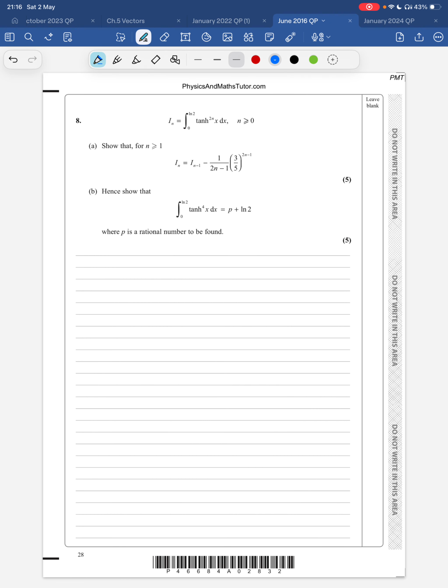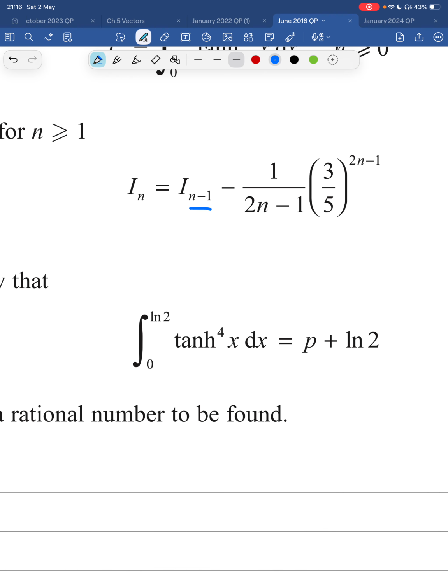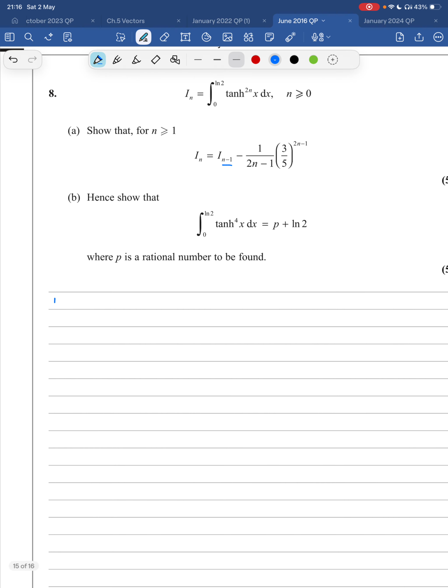some of the reduction formula, a lot of it is practice, but they do give us a slight hint, which is this right here. So having that in mind, we're going to rewrite our integral in a way which will let us have that. So I'm going to rewrite that now.